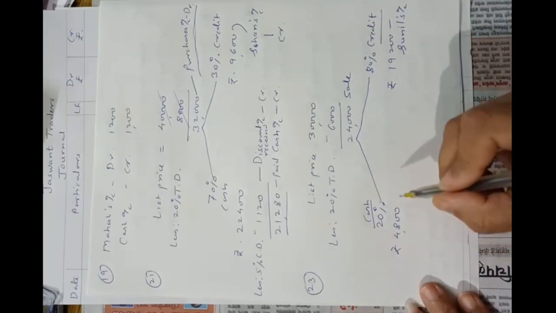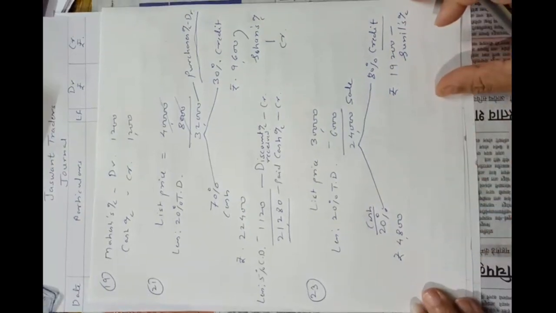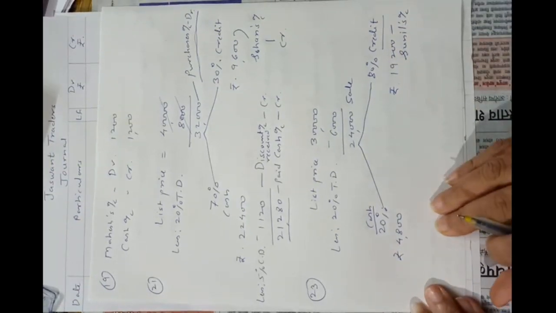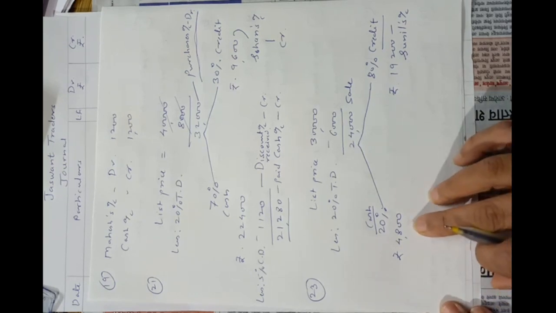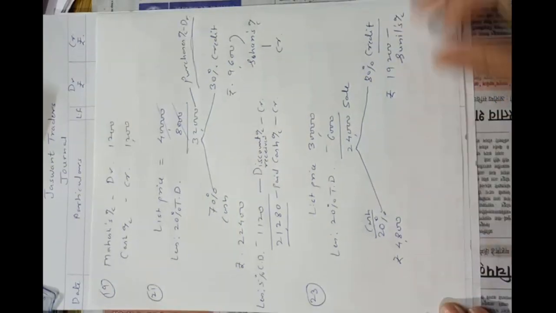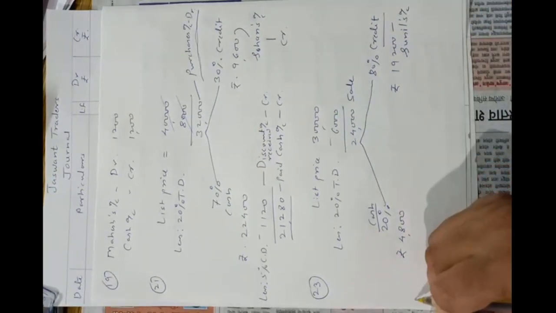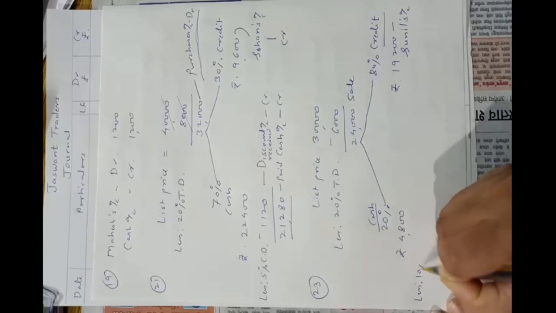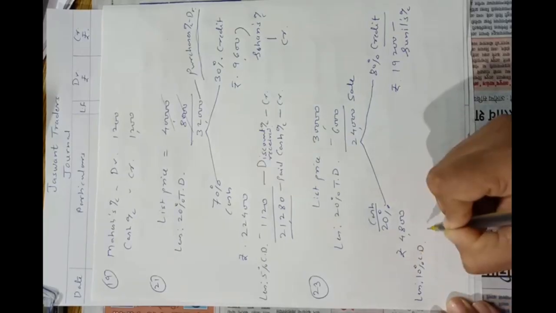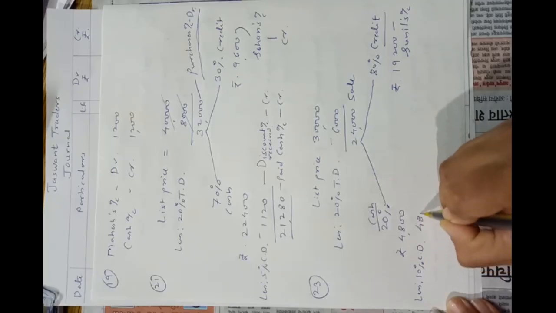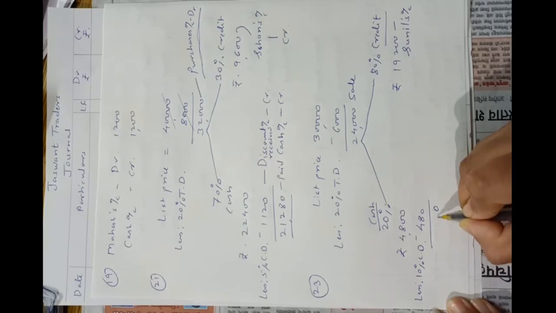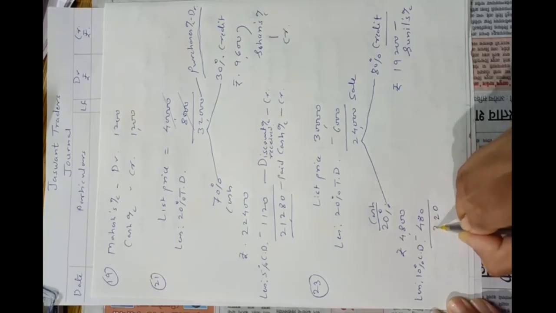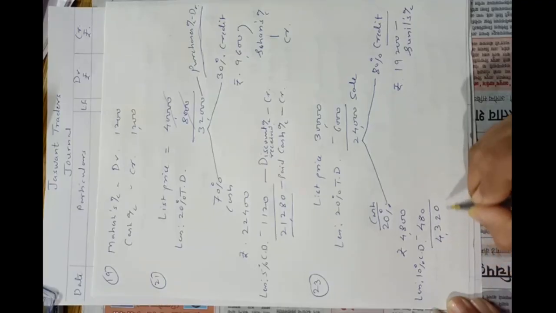As we have received 20% amount by check by selling the goods, we will give cash discount on rupees 4,800 only. So less 10% cash discount, and 10% cash discount will be 480. So deduct from 4,800, 4,320.